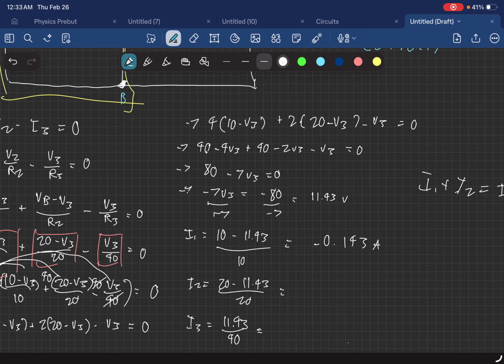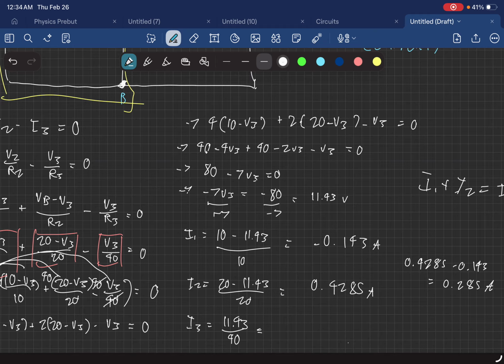So negative 0.143 amperes. Next we have 20 minus 11.43 over 20, which is 0.4285. If you add them, so minus 0.143 plus 0.4285 will give you 0.285 amperes.